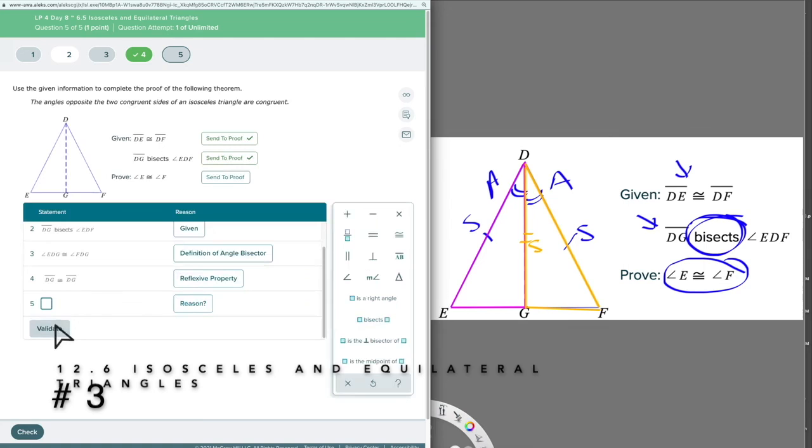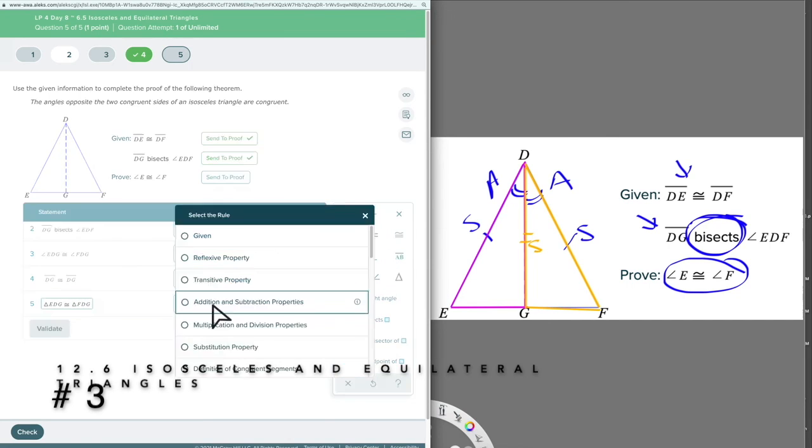So now I have side, angle, side. And I can go ahead and say that the triangles are congruent. So triangle EDG, I'm actually using the same format as up here because I made sure they were in corresponding order, is congruent to triangle FDG, and it's because of side, angle, side.